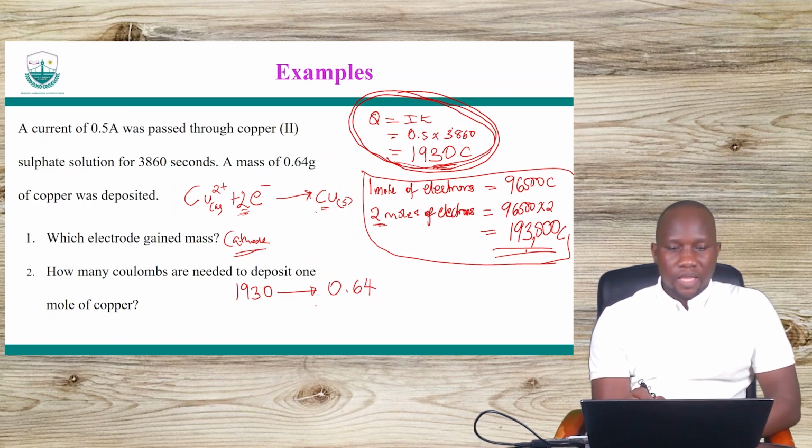Okay, that's what it is giving us, right? What coulombs can give us?